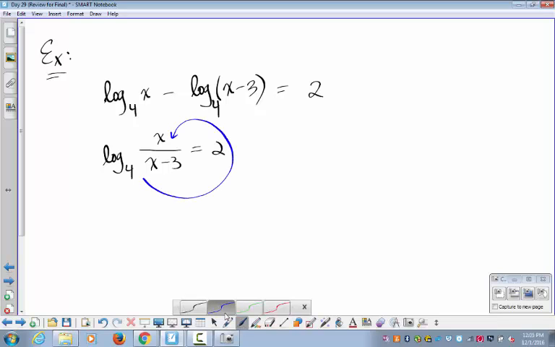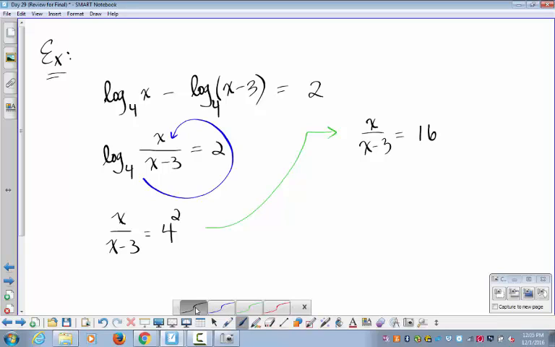So the base of the log on the left here, raised to that power, will equal the inside. So our next step here is x over x minus 3 is equal to 4 to the 2. So there's the exponential form of that. So then we have x over x minus 3 is equal to 16, 4 squared.